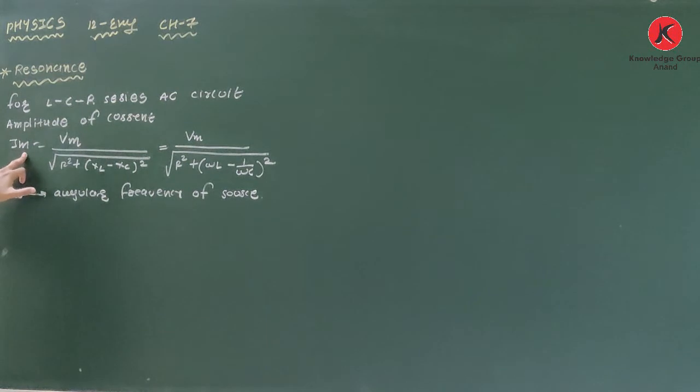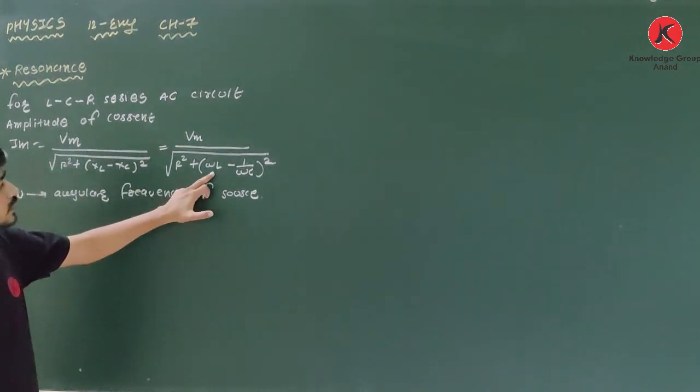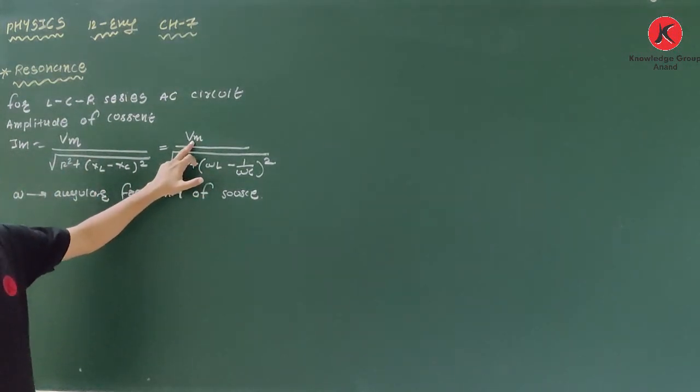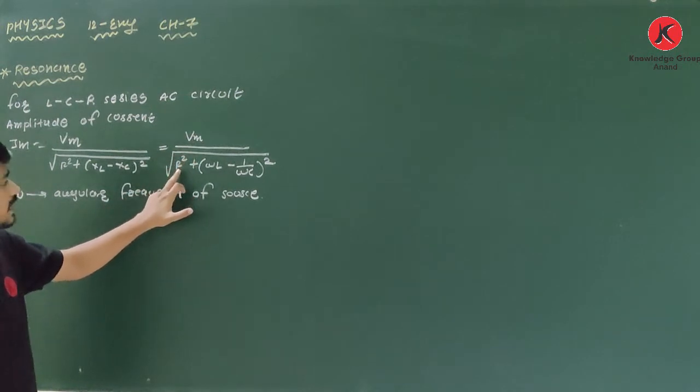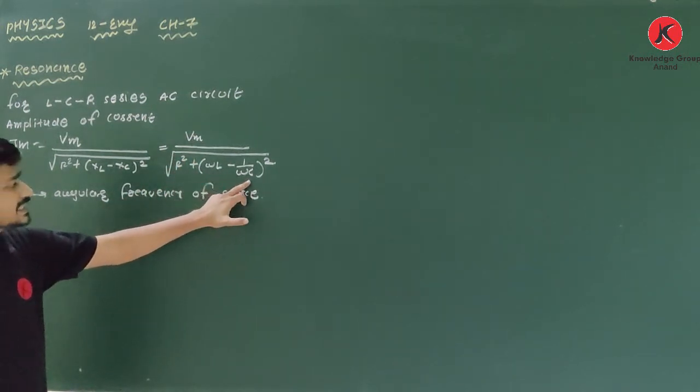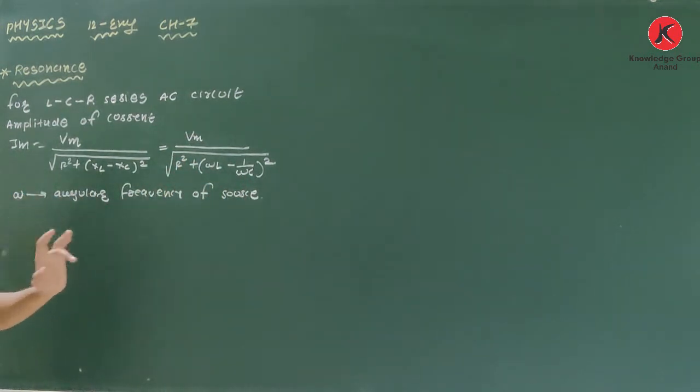From the equation it is clear Im depends on omega. Vm, the maximum value of voltage, R resistance, L inductance and C capacitance are fixed for given components. So as omega varies, the amplitude of current also varies.